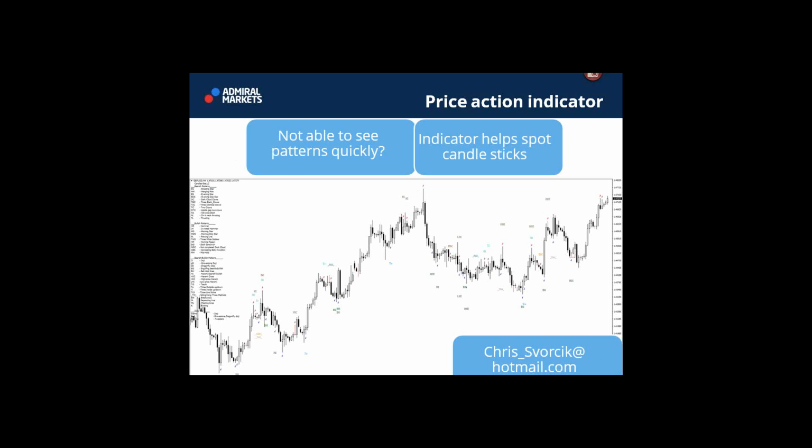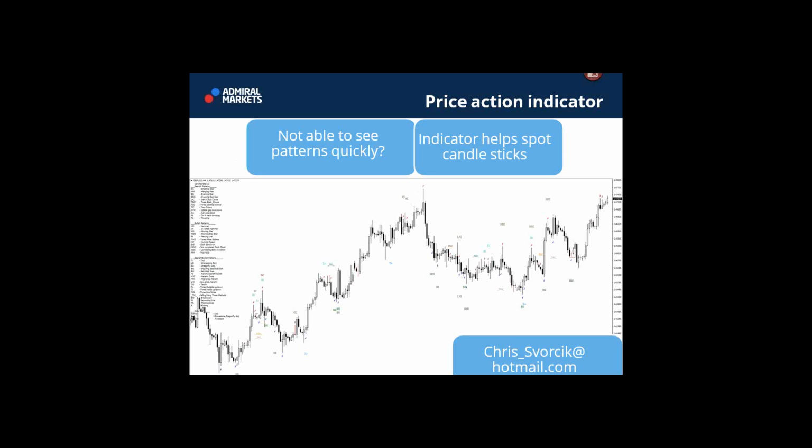But this is a cool indicator because it makes everything easy to spot candlestick patterns. So if you have any problems with spotting patterns, if you sometimes miss patterns or you just don't see them, and there's nothing wrong with that, by the way. Everyone has their own perspective, you train it, and it takes time to really see patterns quickly and fast.